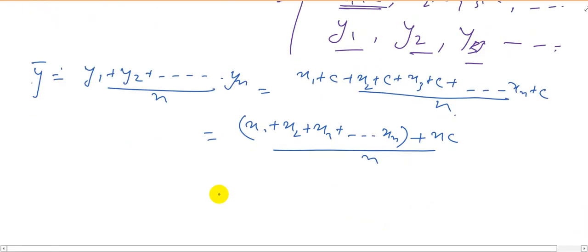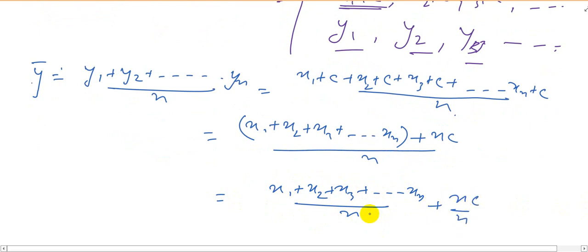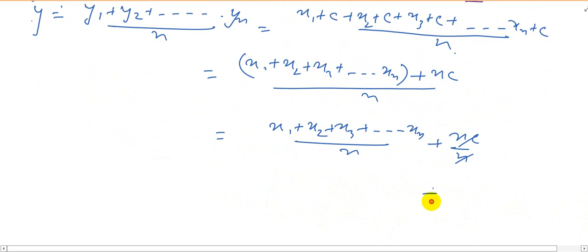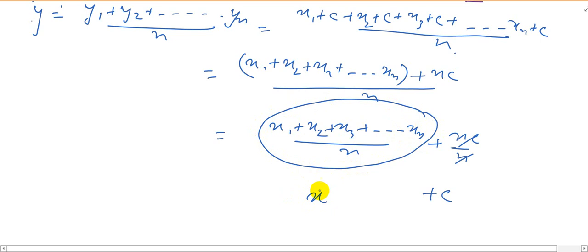By the rules of fractions, we can distribute the denominator: x1 plus x2 up to xn upon n, plus nc upon n. So this n will get cancelled and we are left with c. And this first part is nothing but x dash.